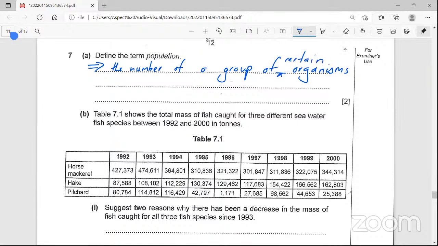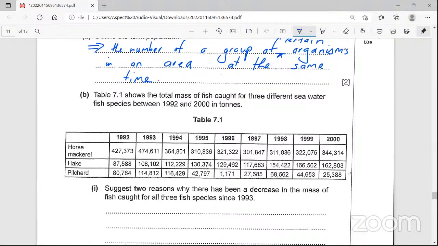They live in the same area at the same time. Exactly. An area at the same time. Marks. Are we together? That's your definition.